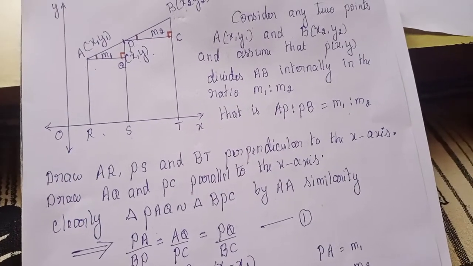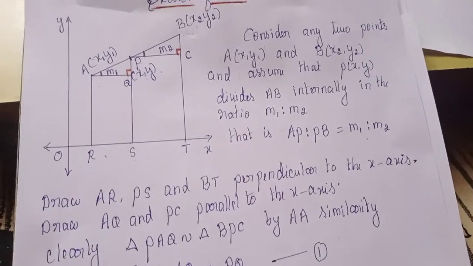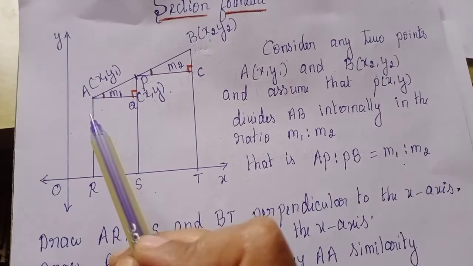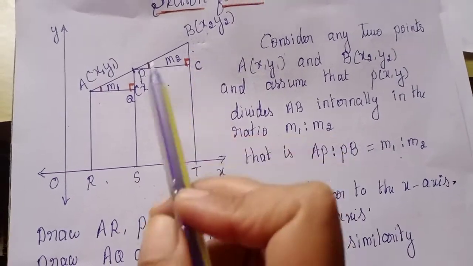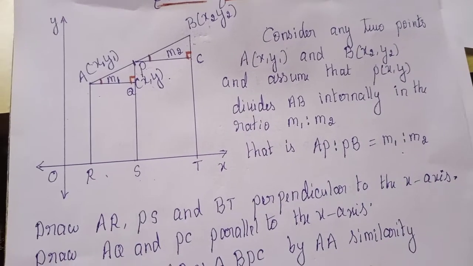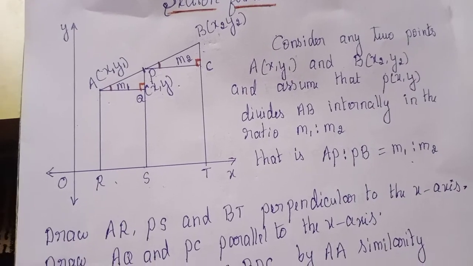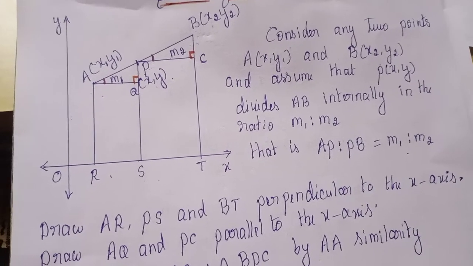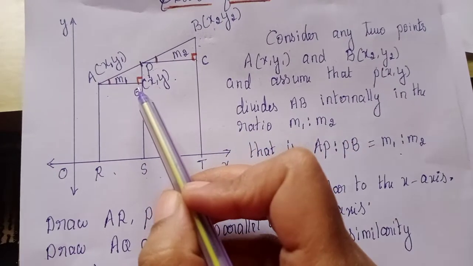Now the main criterion to start the section formula is the similarity concept. As I explained in the previous video, I now have to prove that triangle AQP and triangle PCB are similar by any one of the similarity conditions. I explained three conditions in the last video: SSS, SAS and AA. So now I can tell that these two triangles are similar by AA.